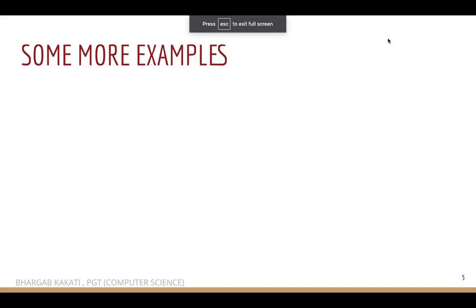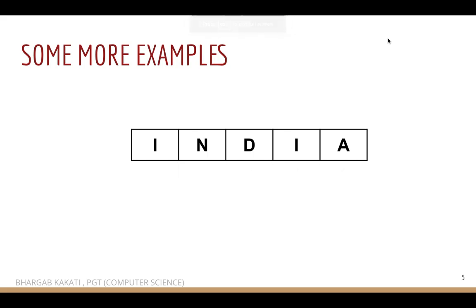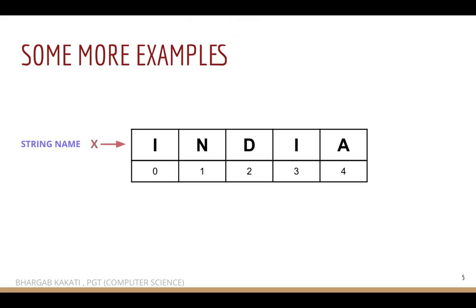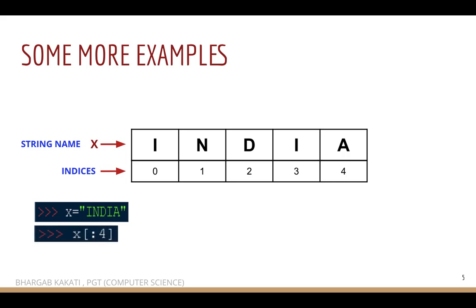Let's see some more examples related to string slicing. These are the indexes, this is the string name, and these are the indexes. Now if I write x[:4], what does it mean? It means I want to display the string starting from the first character to the upper limit index minus 1. Any guesses? Yes, if you have guessed I-N-D-I, that is Indi, then it is correct.